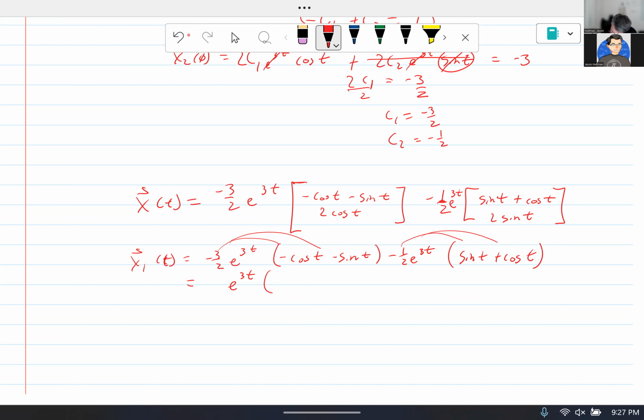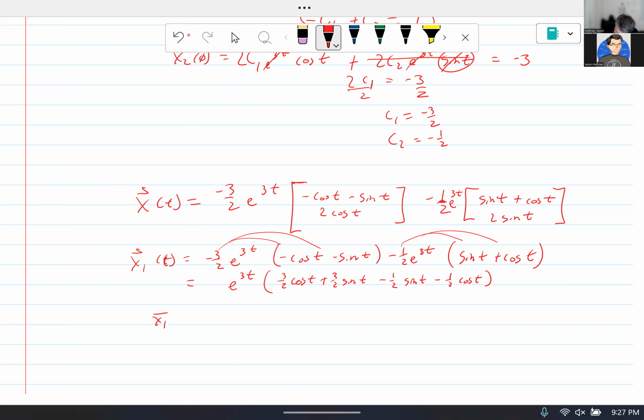I should end up with 3/2 cosine t plus 3/2 sine t, minus 1/2 cosine t, plus 1/2 sine t, wait, the other way around: 1/2 sine t minus 1/2 cosine t, which is just going to give me 1 cosine and 1 sine.